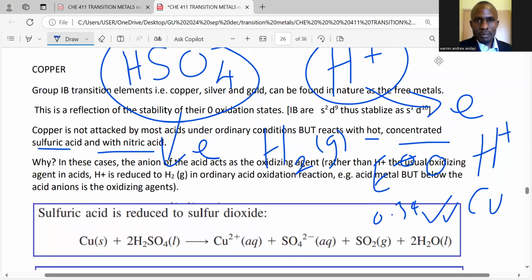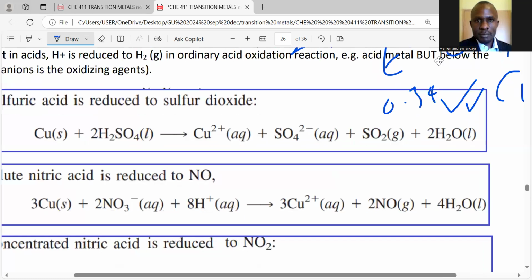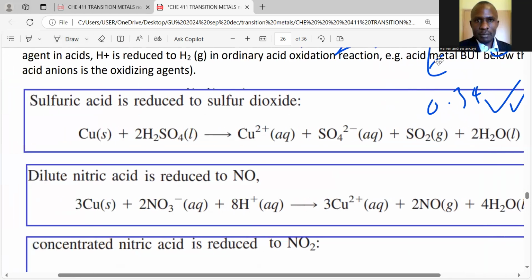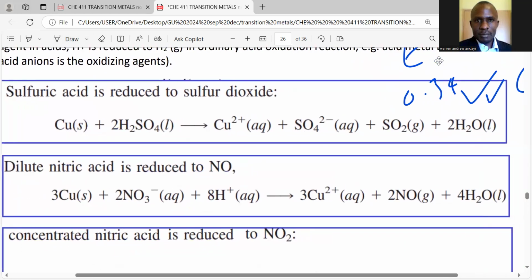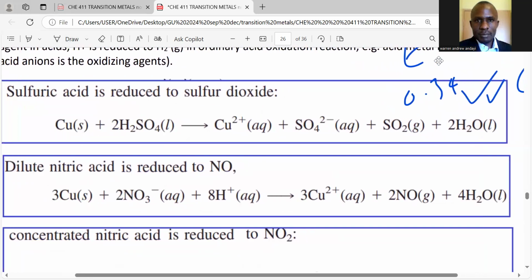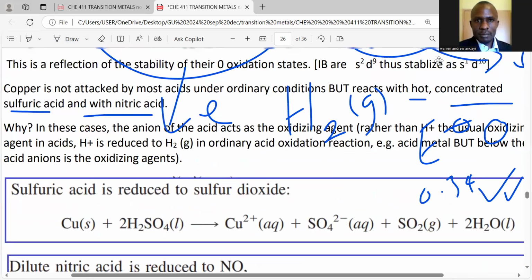So let's see how this reaction happens. There are two reactions, for when copper reacts with concentrated sulfuric acid and when copper reacts with concentrated nitric acid. Just a minute, I think I made a mistake here.